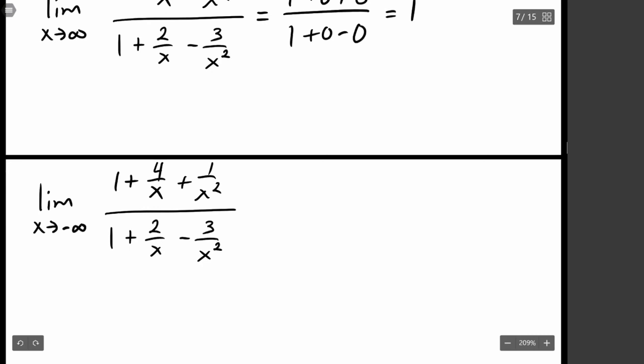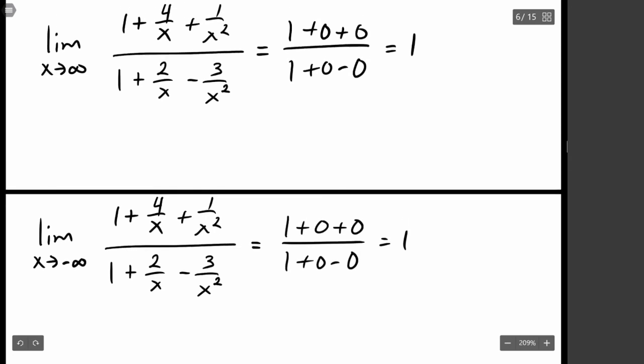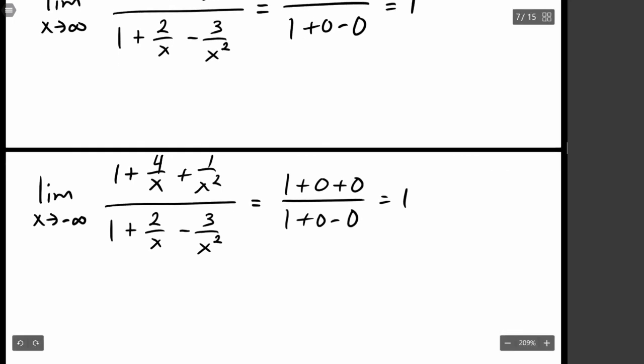All right, but again, if you think about how this is working out, all of these still go to 0, and then we just have 1s left over. So 1 plus 0 plus 0 over 1 plus 0 minus 0, that's 1 again. Right? So again, I want to reiterate that it is possible for these to be different answers, but in this case, they're not. Okay? So in this case, we'd say y equals 1 is a horizontal asymptote.